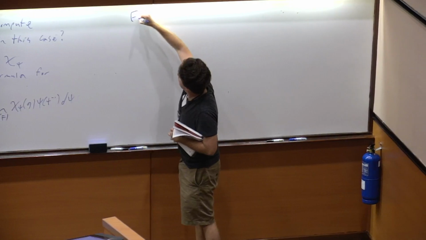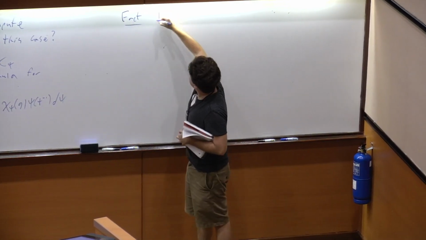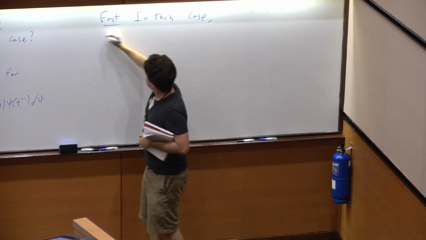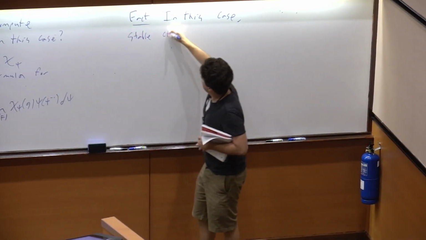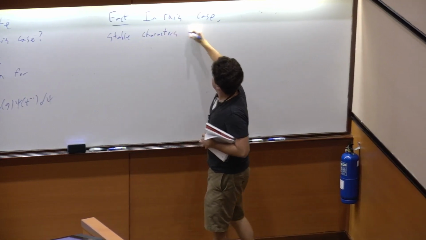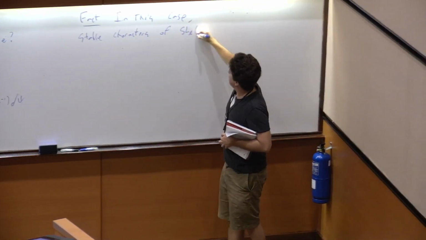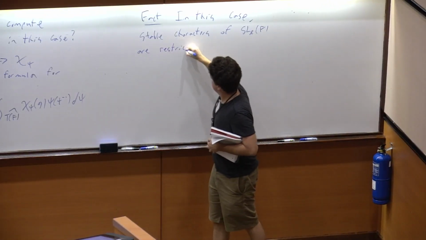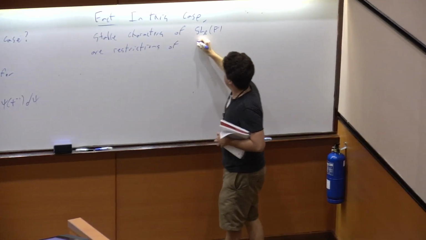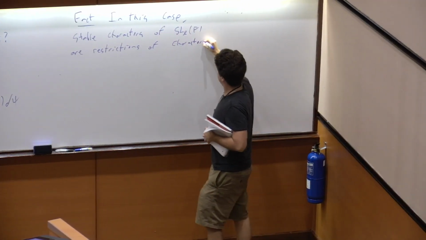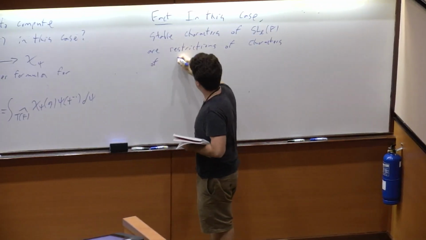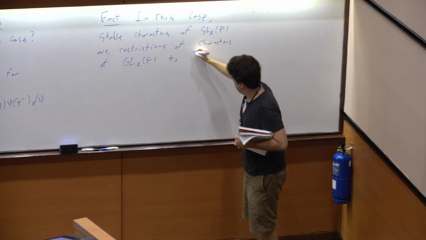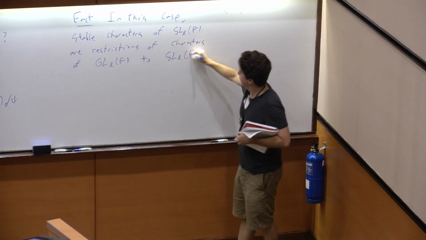Fact: in this case, stable characters of SL_l are restrictions of characters of GL_l to SL_l.